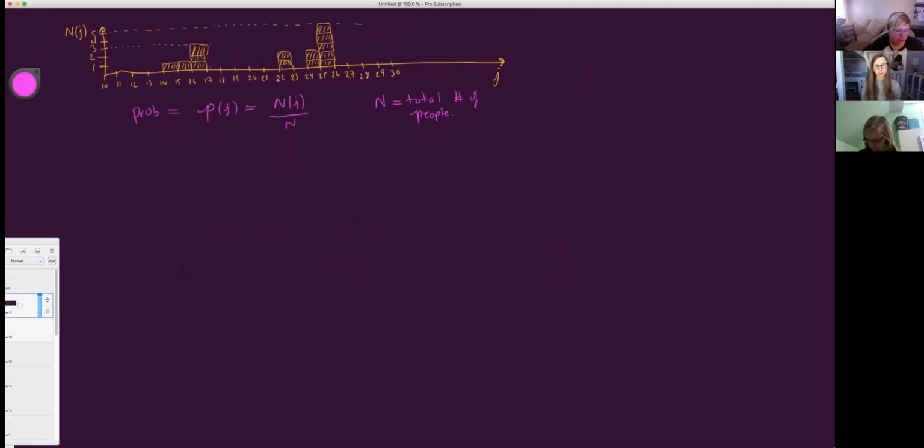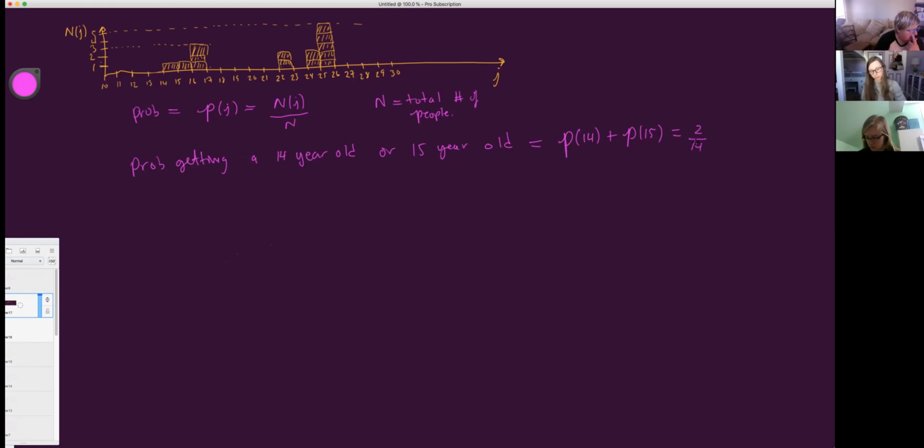Okay, all right. So if we have the probability of getting a 14-year-old or a 15-year-old, we add the probabilities. That's going to be P of a 14-year-old plus P of a 15-year-old, and that ends up being, just like Laura said, 2/14.